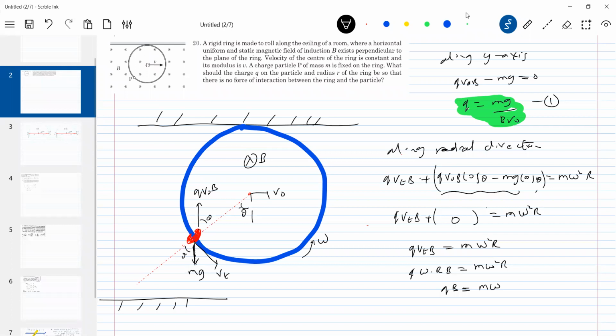Now we have to bring in that r. So what is Q equal to? QB, what you can write: mg by V naught. M omega, what you can write: V by R. So therefore, what is R equal to? V square by g.